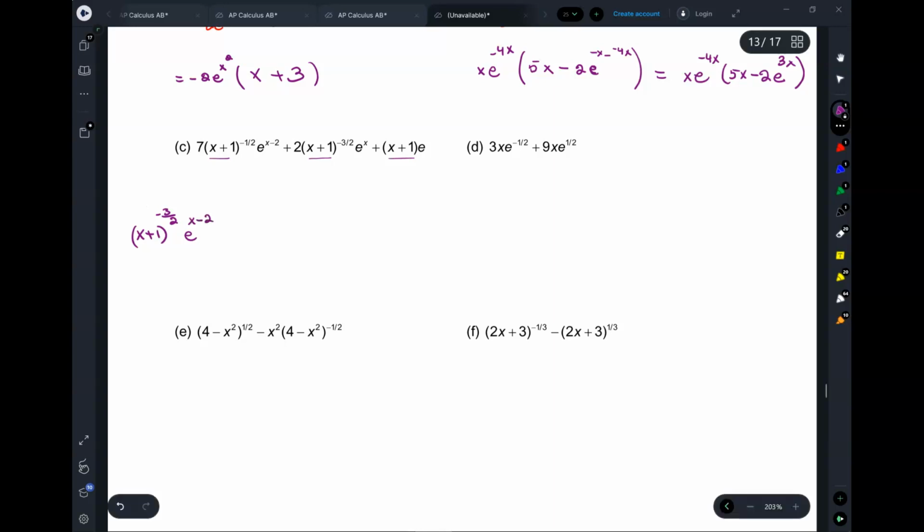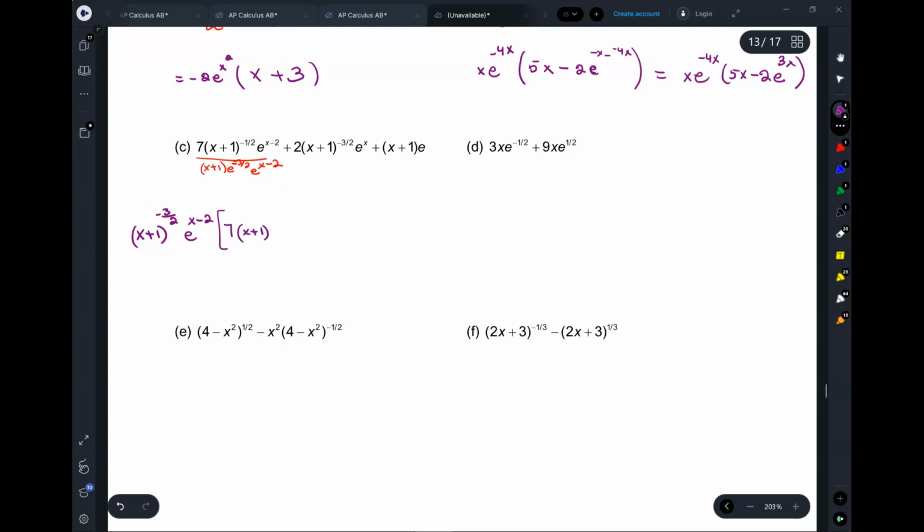Again, we're assuming that the x is positive. All right, so let's see what we have. So let's see what we're going to have. So we're factoring out x plus 1, e to the negative 3 over 2, e to the x minus 2. So for the first one, I get 7.